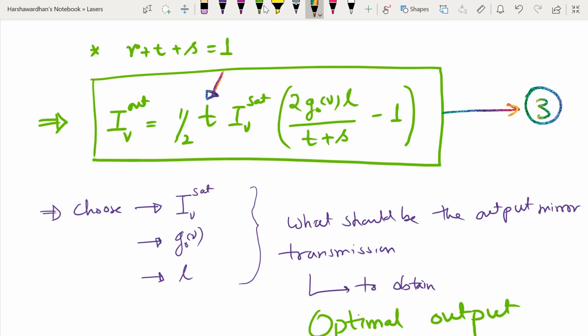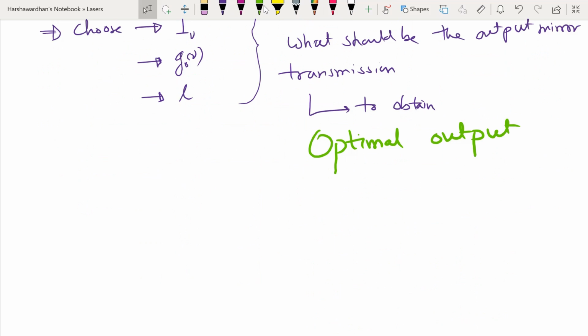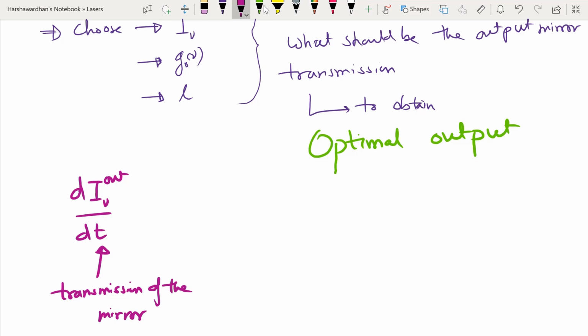So what I do is to use the condition that d I nu out over dT, now remember, T is not time here, T is the transmission of the mirror. Imagine it's a parameter that you could continuously vary and look at the optimal value. So I set this equal to 0.